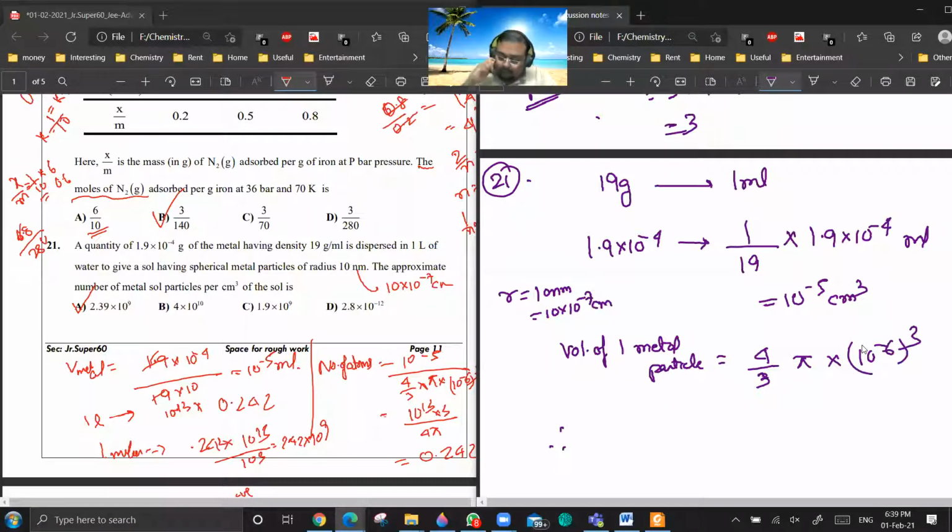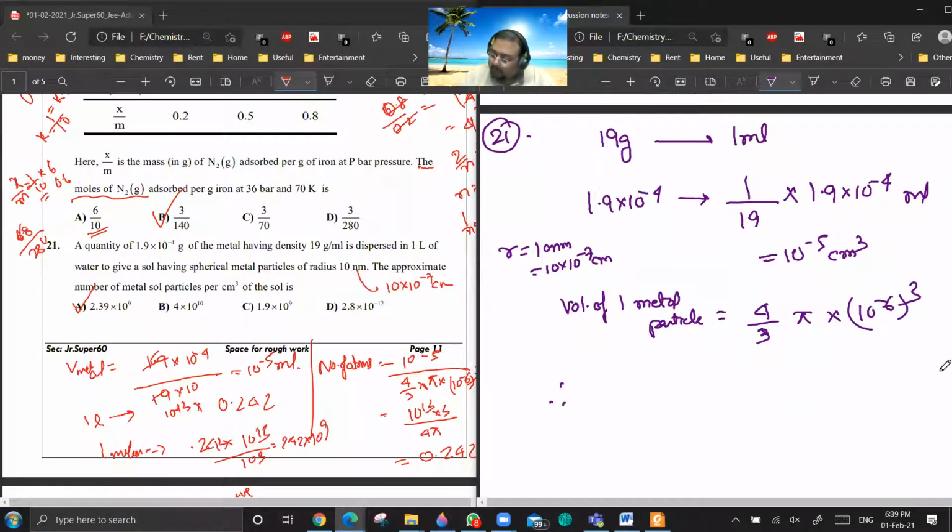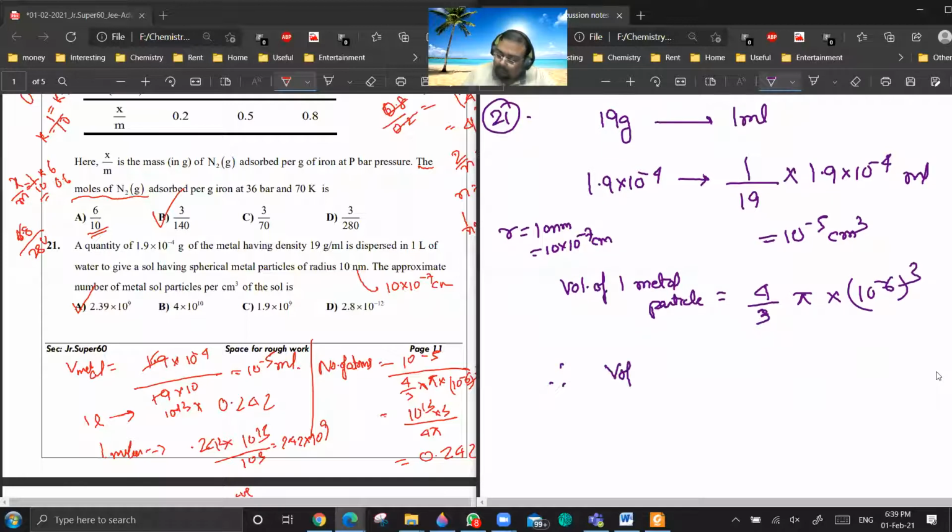So, what is the number of particles? Number of particles will be total volume occupied by the particles, which is 10 to the power minus 5, by 4 by 3 pi into 10 to the power minus 18.